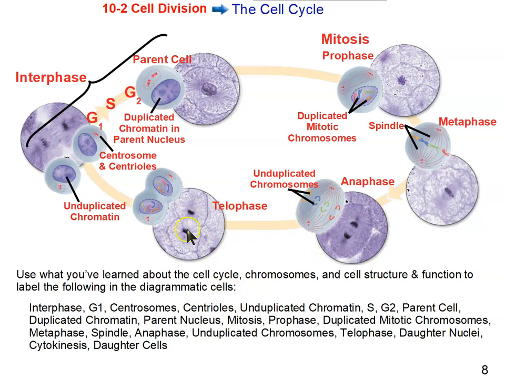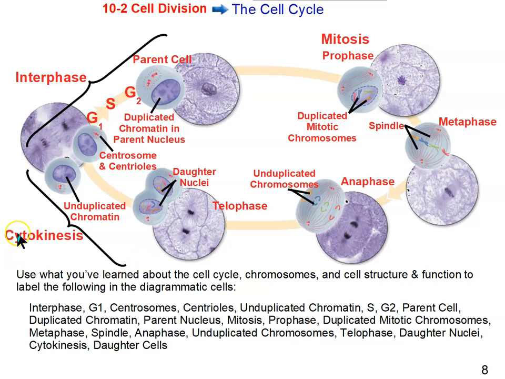And then we get into telophase, and in telophase, the nuclear envelopes reform, and we end up with daughter nuclei, and that's the end of mitosis. This is followed by, of course, cytokinesis, the actual splitting of the cell.